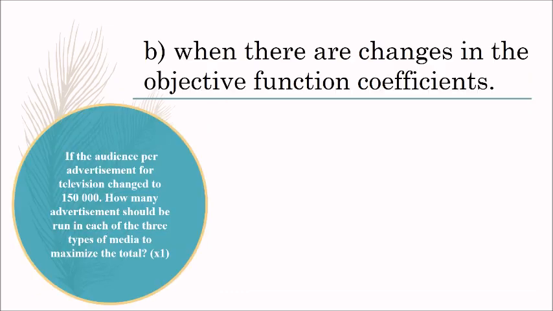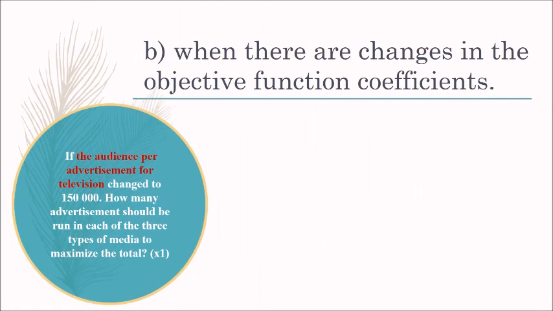Okay, this is the last question for the second case. If the audience per advertisement for television changes to 150,000, how many advertisements should be run in each of the three types of media to maximize the total?